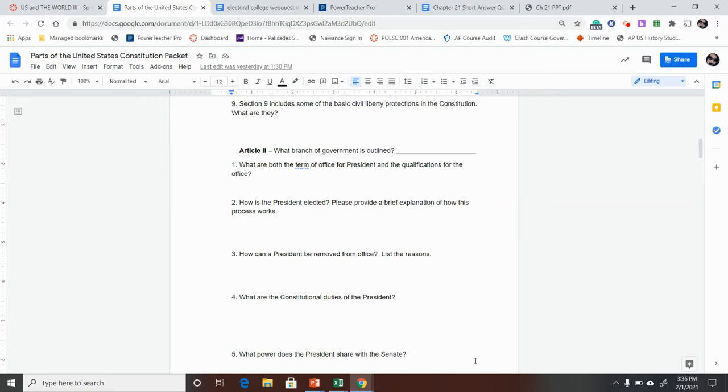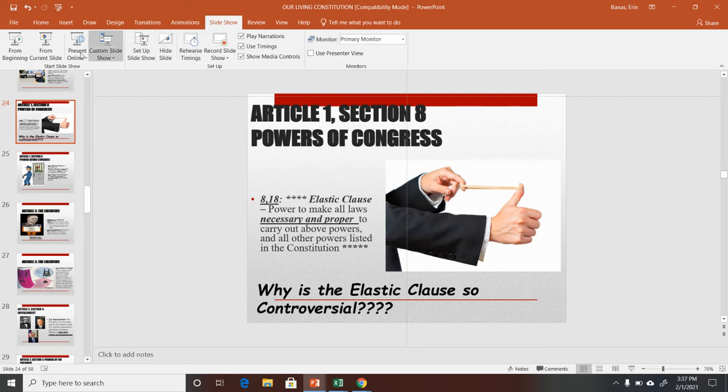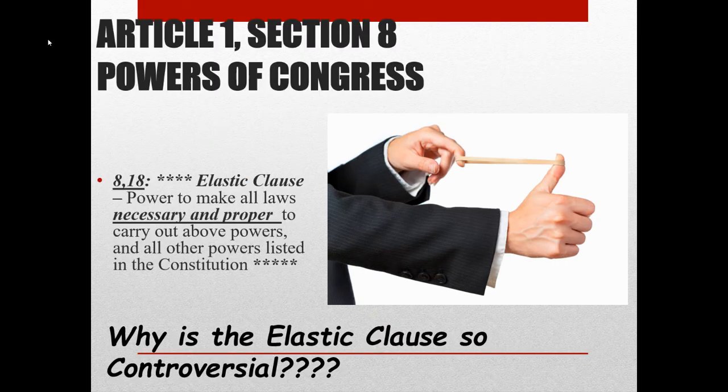So the first thing I want to take a look at today and complete is question number 9 regarding the legislative branch. If I go back here to our PowerPoint on the U.S. Constitution, with Article 1, we've looked at already how Congress organizes the two houses of our bicameral legislature.